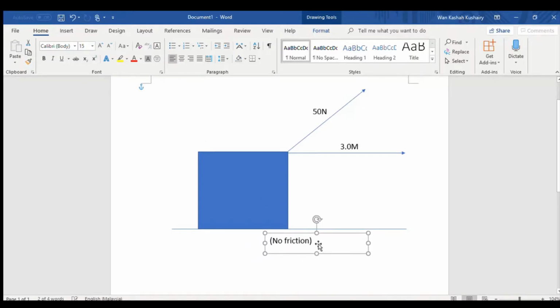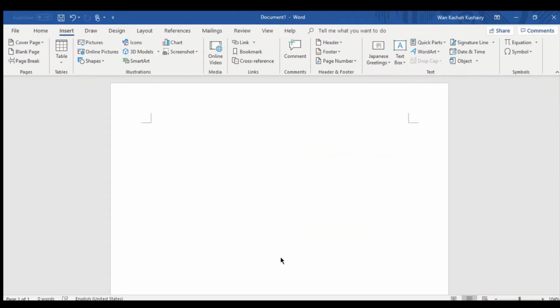Now, the simple diagram for the situation is done. Let's find the work done. For the work done, we need three values. The first one is the force, or F, that is 15 Newton.